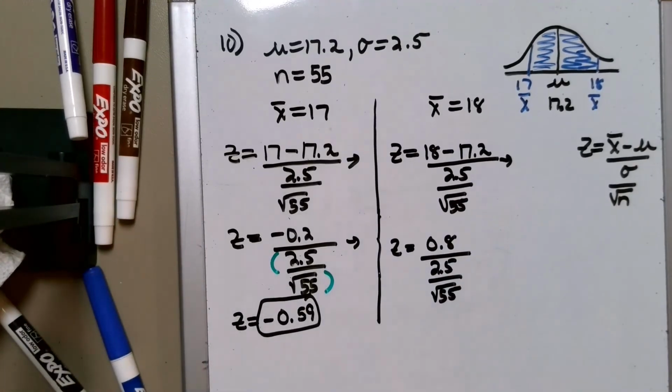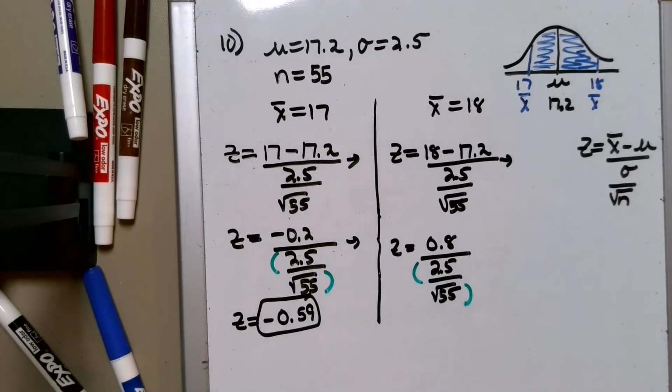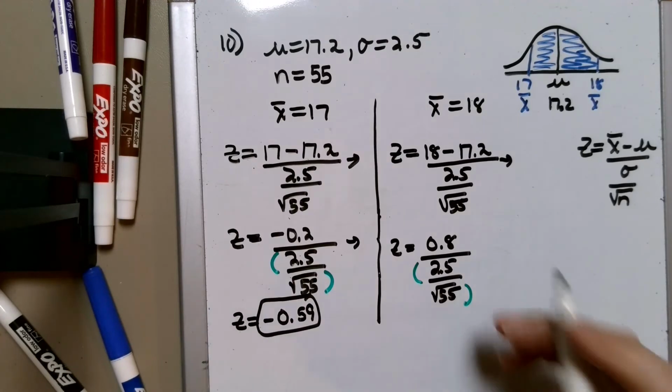Again, if you can't make this work in your calculator, take the square root of 55, carry about 4 or 5 decimal places. Be sure to use those parentheses though, and then put that in. So we're going to take 0.8 divided by left parentheses 2.5 divided by the square root of 55 right parentheses equals, we get 2.373.